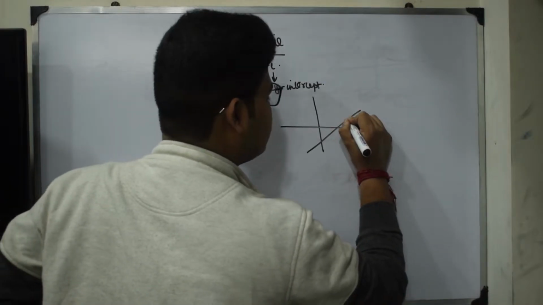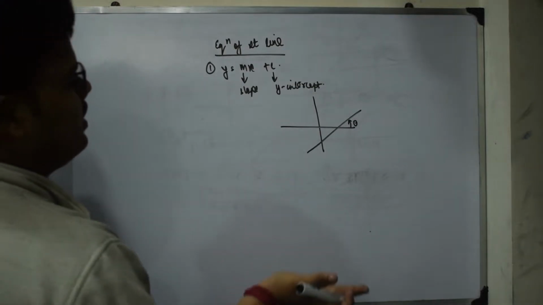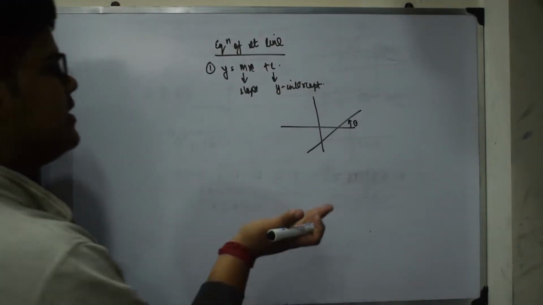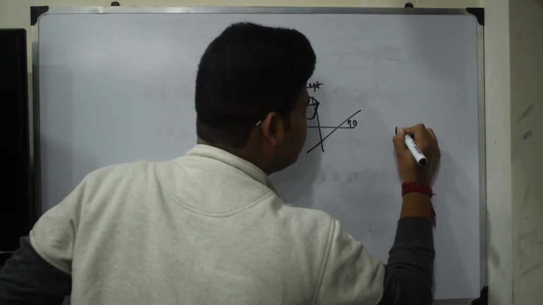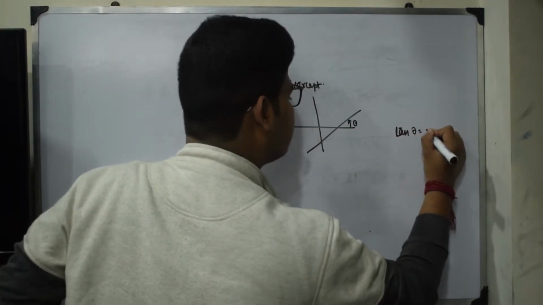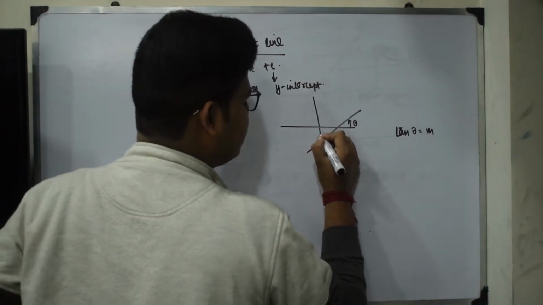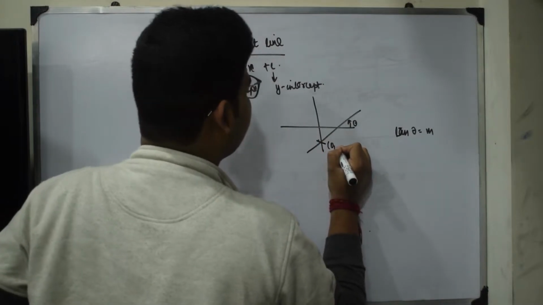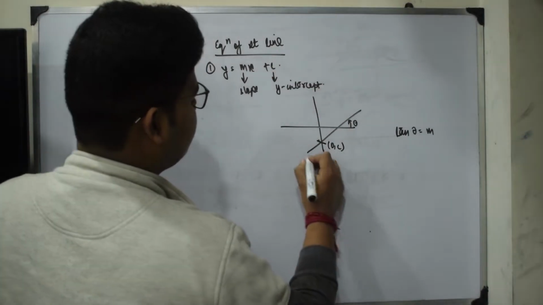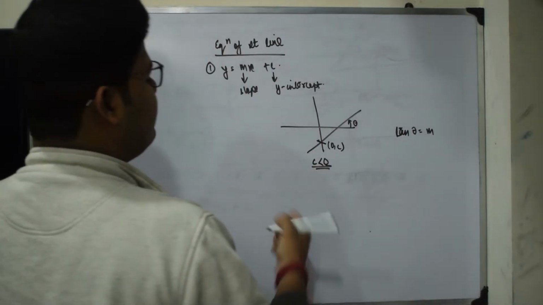This is the angle which the line is making with the positive direction of the x-axis in the anti-clockwise sense. This gives us theta, or tan theta also gives us the slope of the line, and the y-intercept is basically this one, the intercept it is making on the y-axis at 0 comma c, where c for this case is having a negative value.